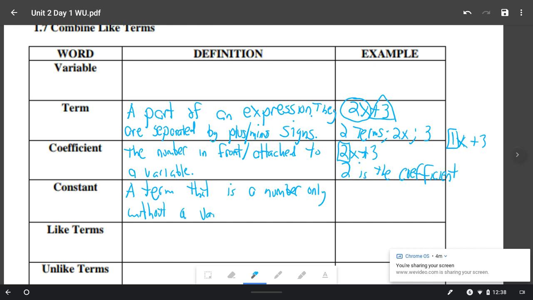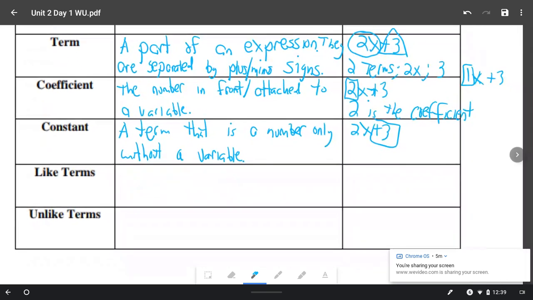So if we go back to that same exact expression that we've been dealing with, this 2x plus 3, you have to ask yourself, which one of these terms does not have a variable? And that would be this plus 3 part right here. So that would be considered a constant in that case. So anything that's just a number, 1, 2, 3, 4, 5, 6, or any negatives would be considered a constant because they don't change. Constant means there's no changing going on there.